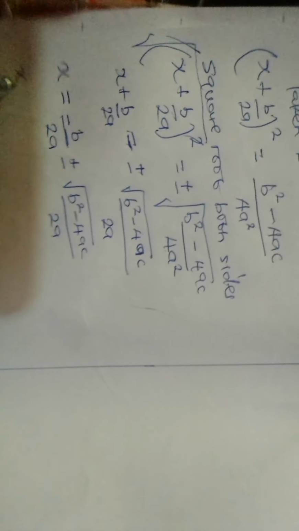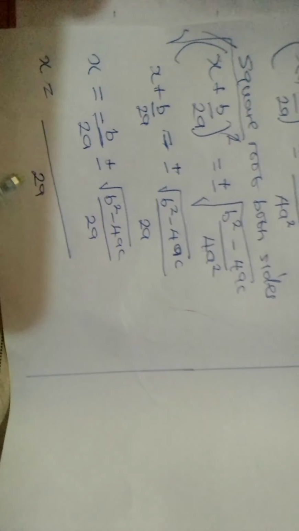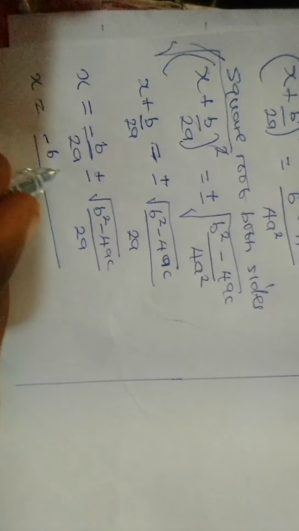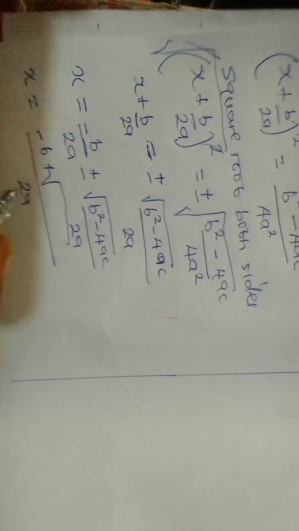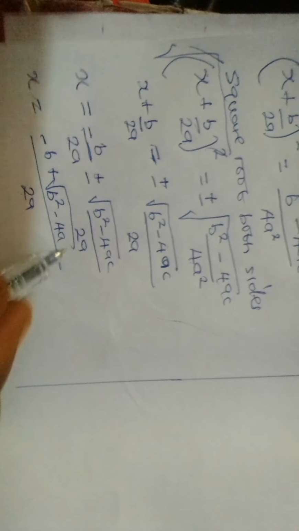Okay, now in this form, let's make it have one denominator. So we have the common denominator 2a. Now 2a divided by 2a is 1. 1 times minus b, I have minus b plus or minus the square root, since 2a divided by 2a is 1. 1 times this, we have b squared minus 4ac.